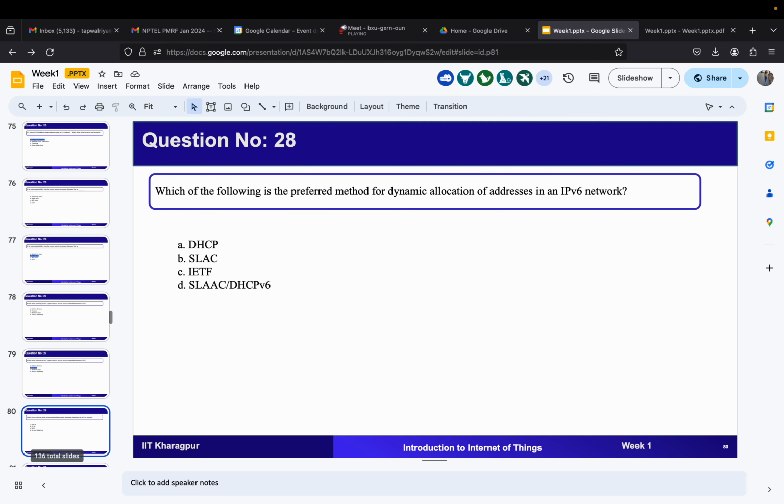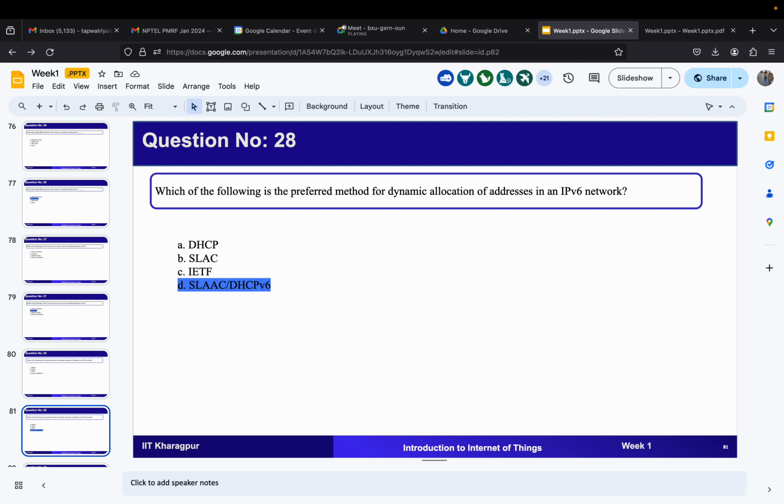Okay. Next question is, which of the following is the preferred method for dynamic allocation of addresses in IPv6 network? Options are DHCP, SLAAC, IETF, SLAAC and DHCPv6. Anyone? DHCP. Anyone else?